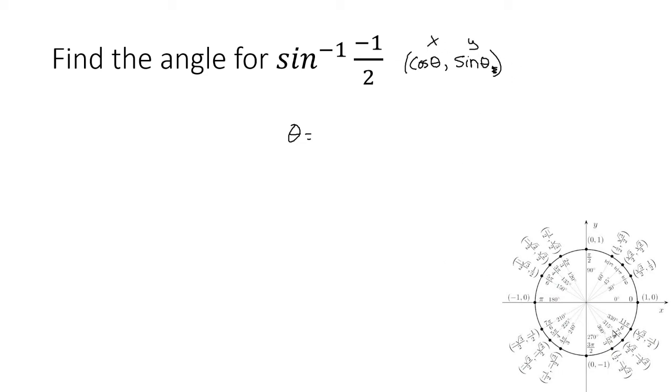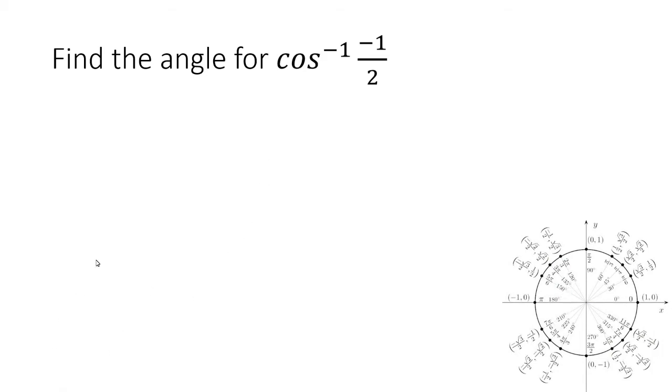We go to the unit circle and find where our sine equals -1/2, which is right there. We cannot put 11 pi over 6 because we cannot enter these quadrants. So this is going to have to be negative pi over 6. That's going to be our angle. It's really just that easy.